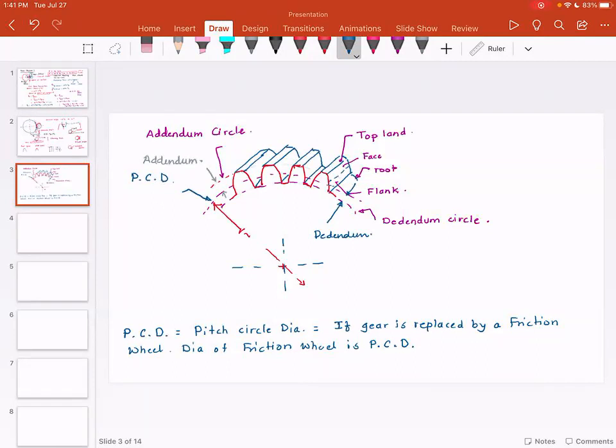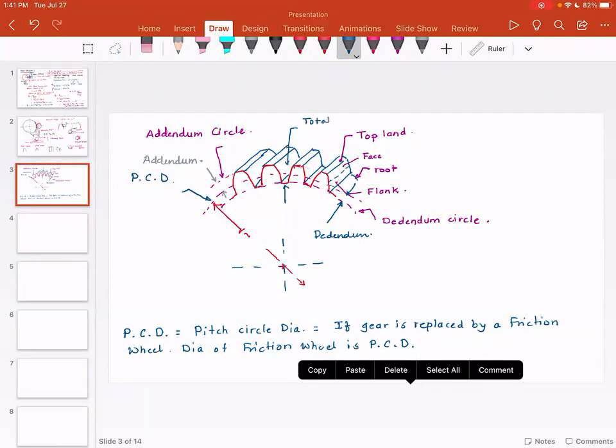Then the total distance, if you were to add addendum and dedendum, is called the total depth.